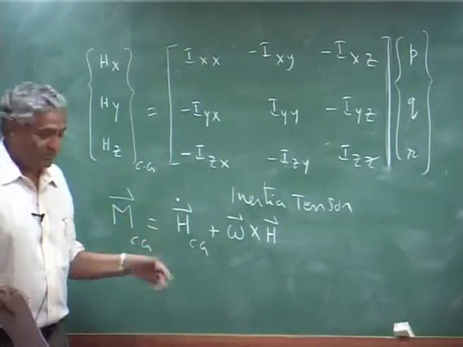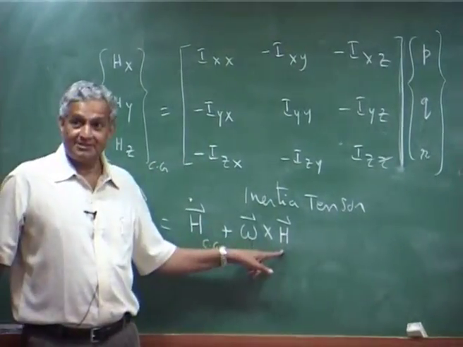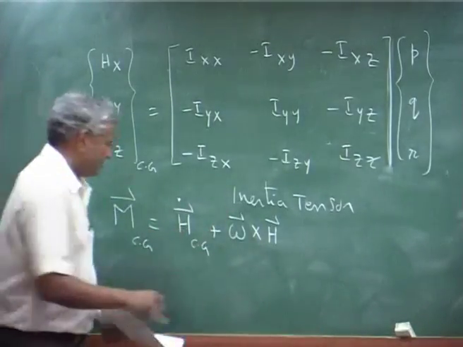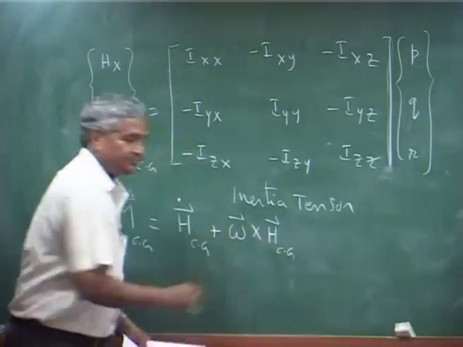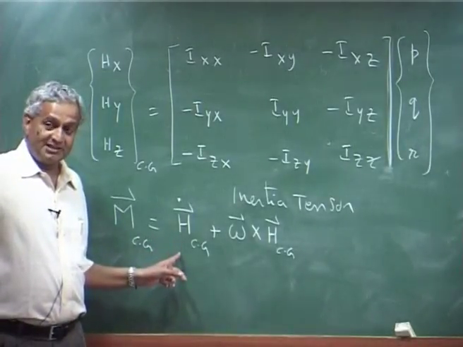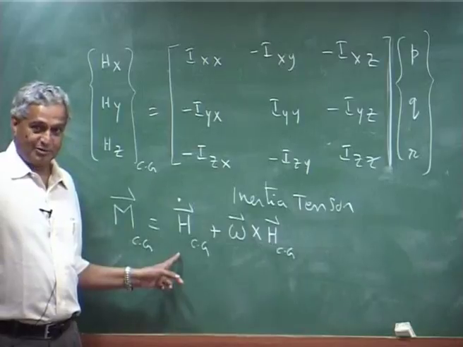Therefore, when I take a derivative of that, I will get an omega cross H. So, this is my moment equation, and I may put CG. That is why you always take the moment equation about the center of mass. It makes it simpler.